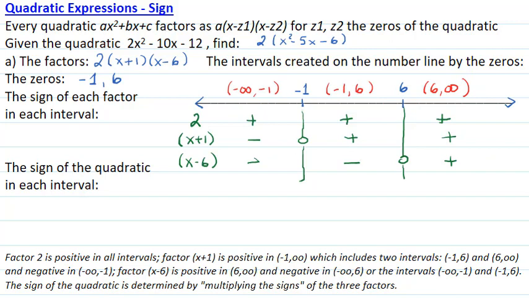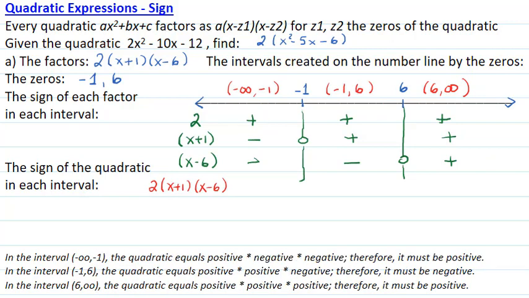The quadratic, which is 2 times (x plus 1)(x minus 6), will be positive or negative determined by multiplying the signs of the three factors. In the interval negative infinity to negative 1, the quadratic is positive times a negative times a negative.